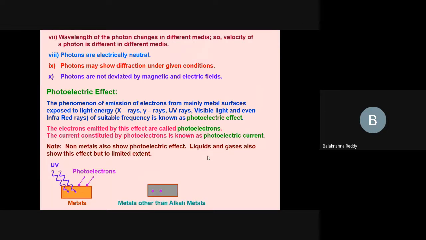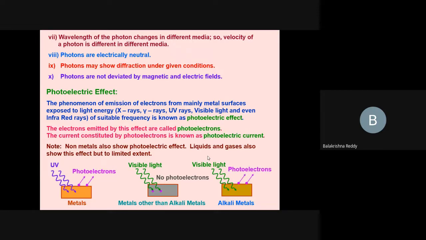In the same way, when metals other than alkali metals are exposed to visible light, no photoelectrons are emitted. But when alkali metals are exposed to visible light, photoelectrons are emitted. Here you should notice the point that for metals other than alkali metals, there is no effect.